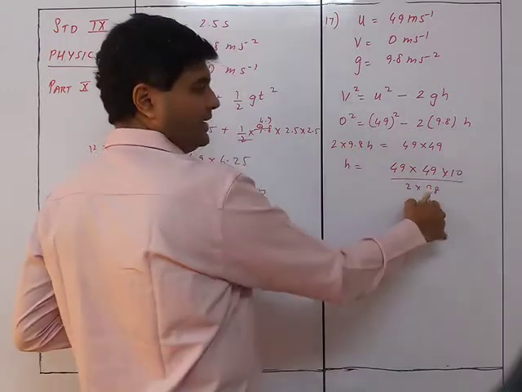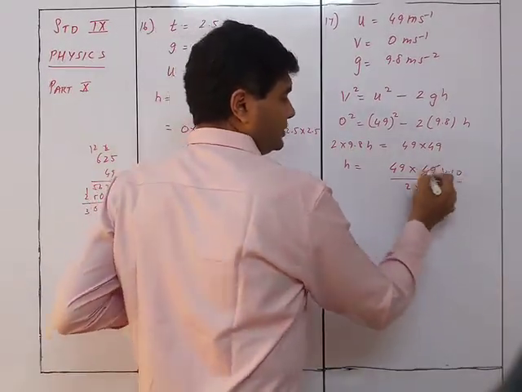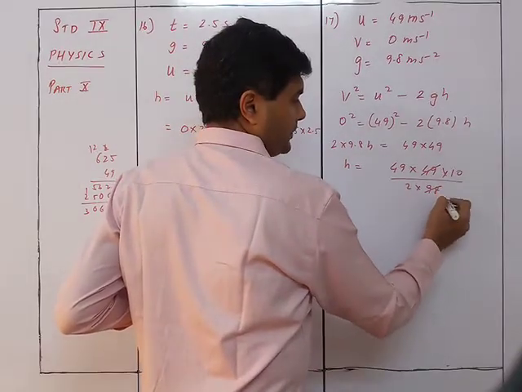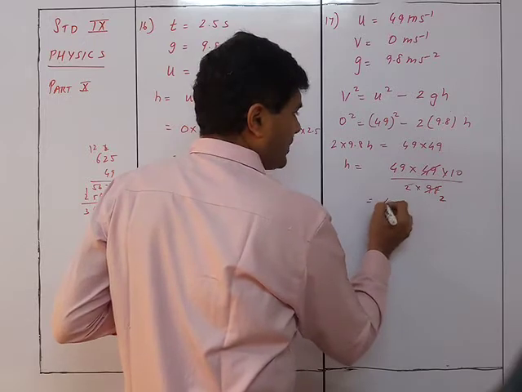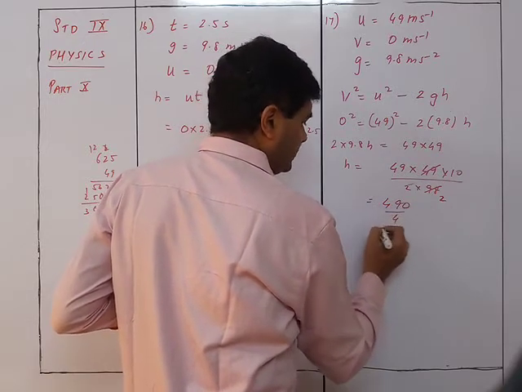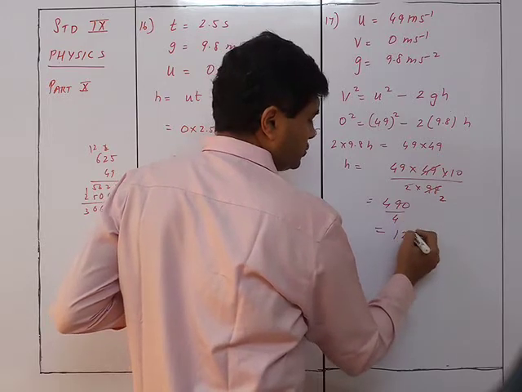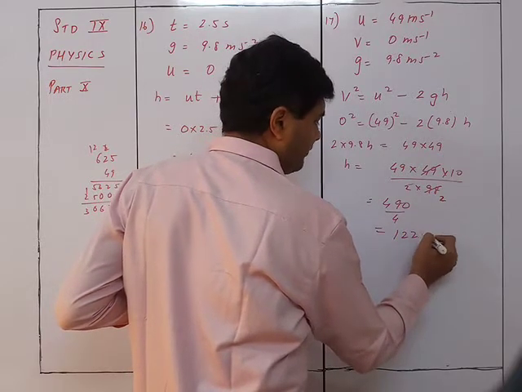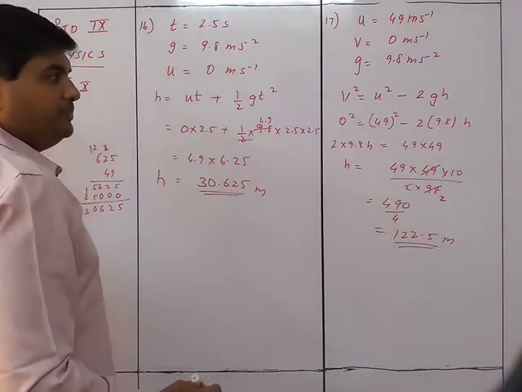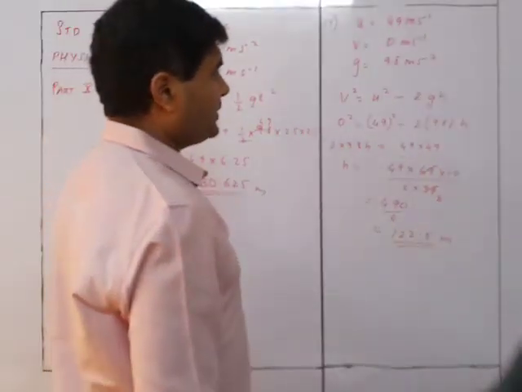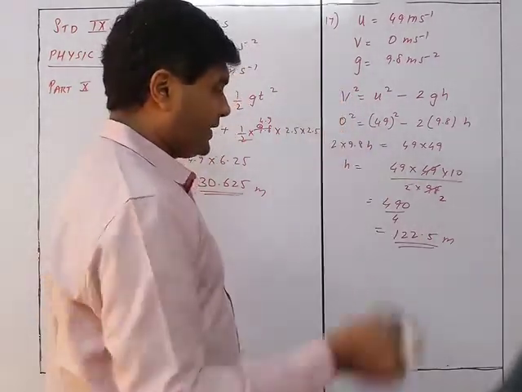I am making 9.8 into 98 by multiplying by 10. So this will be 490 upon 4, which is 122.5 meters, the height of that particular ball going upwards.